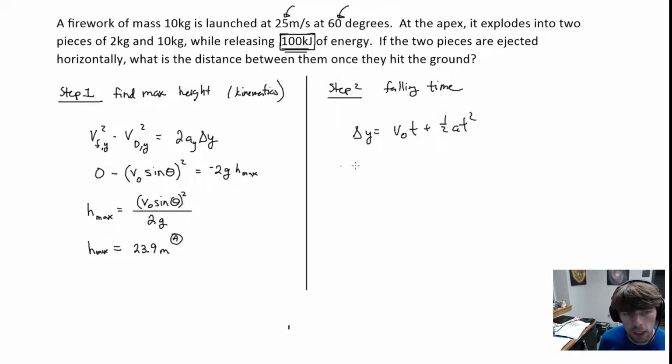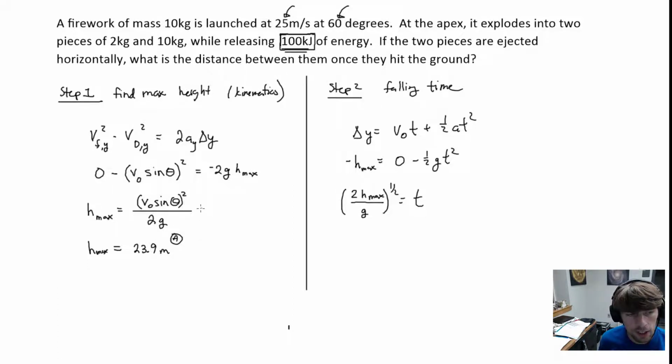My initial is when it's up here at the top. Final is when it hits the ground. So I get negative h max equals 0 minus 1/2 gt squared. And so I get the square root of 2 times the max height divided by g equals t.